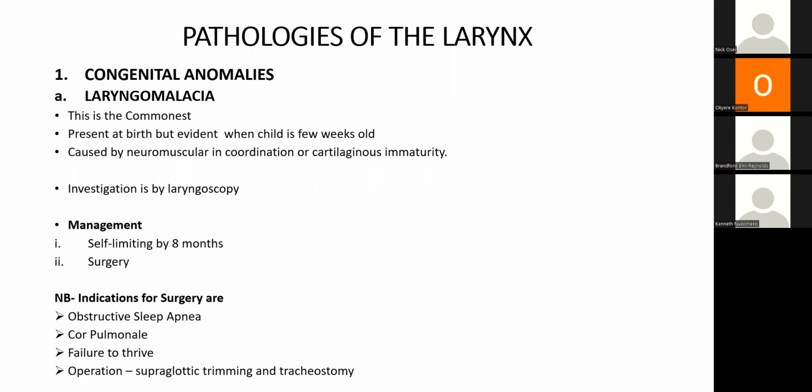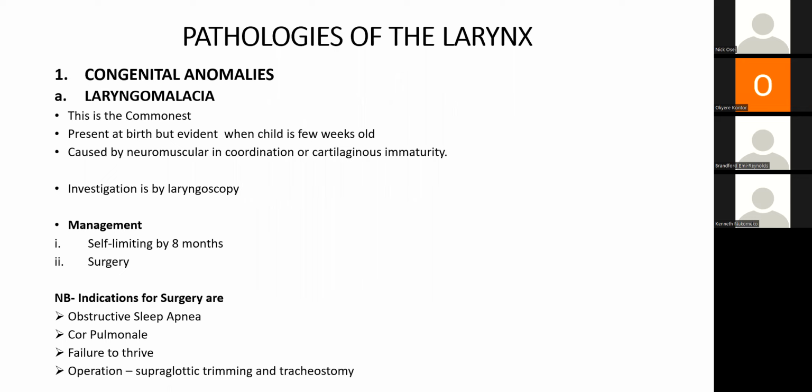When they are very weak and soft, usually falling over the voice box, that causes this. That is what laryngomalacia is. Investigation is by laryngoscopy. It can sometimes resolve after 8 months, but if it doesn't, after the diagnosis has been made, then surgery. And it is caused by a neuromuscular disorder.